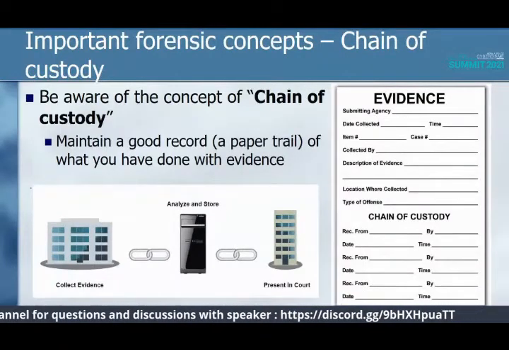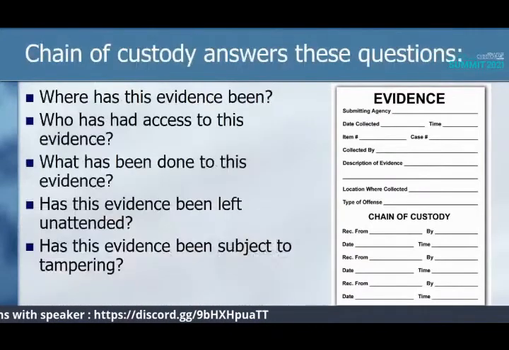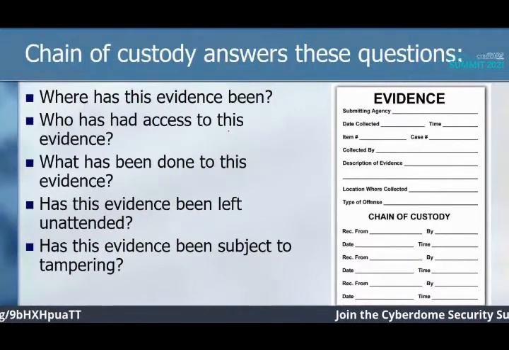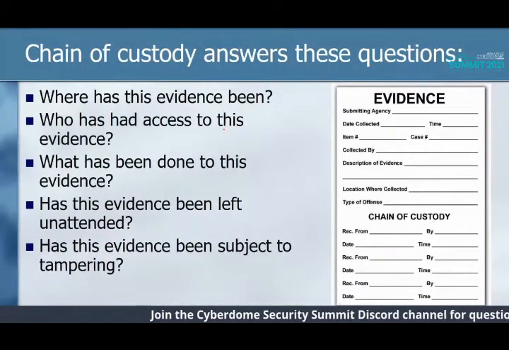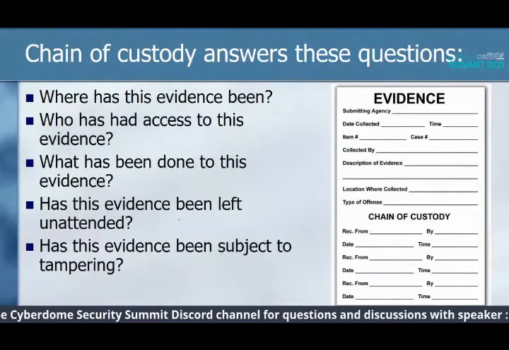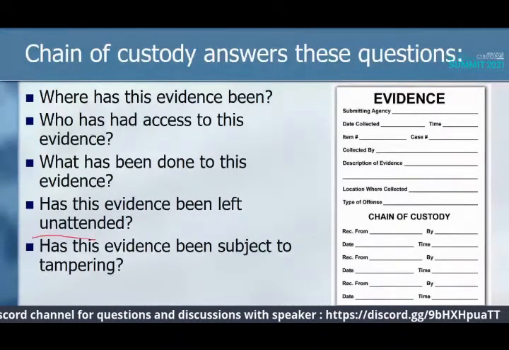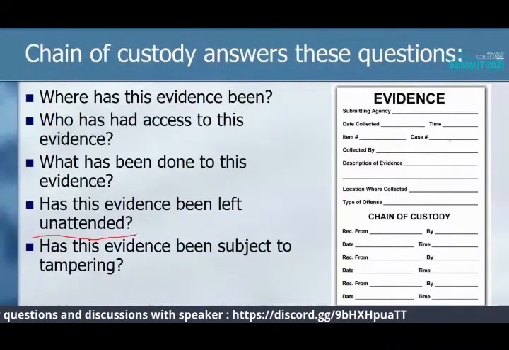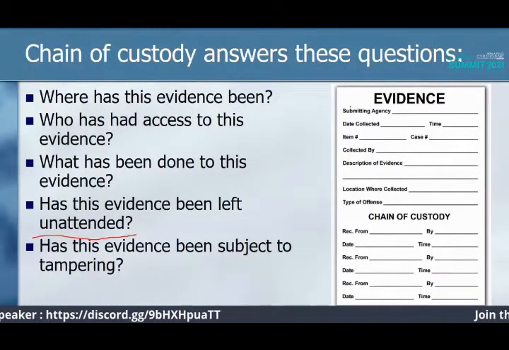We should not skip any of this documentation. It gives an idea about where this evidence has been and who had access to it, including physical access, what has been done to this evidence, and whether it has been left unattended. If the evidence is left unattended, or if the chain of custody form is incomplete, the evidence could not be submitted in a court of law.